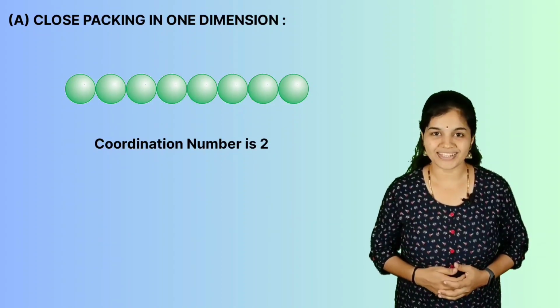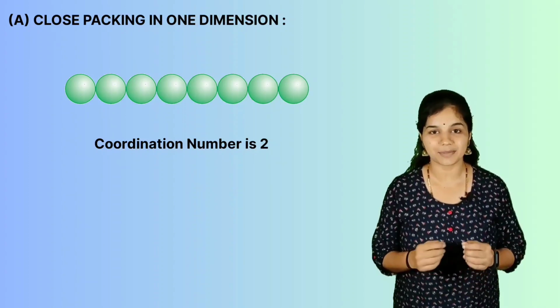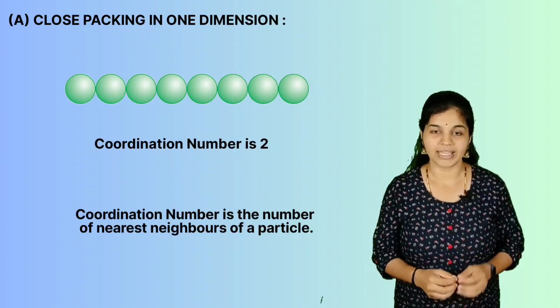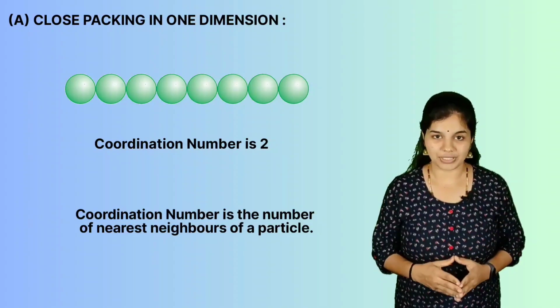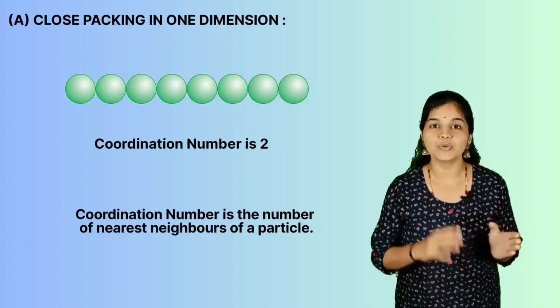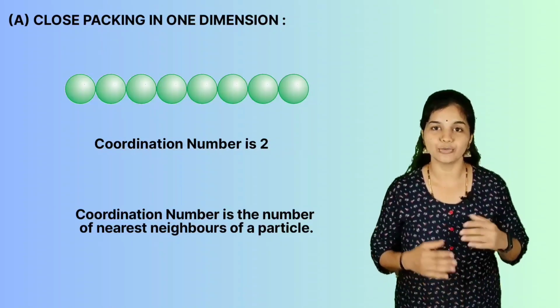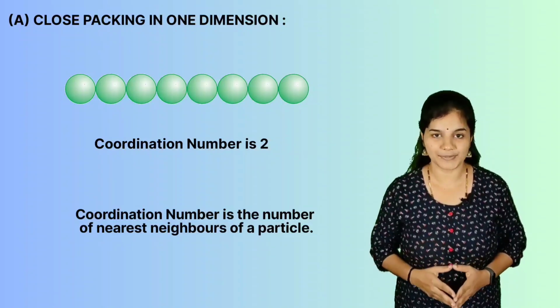Wondering what this coordination number is? It is the number of nearest neighbors of a particle. In one-dimensional arrangement, since each sphere is in contact with 2 of its neighbors, the coordination number is 2 in one-dimensional close packing.